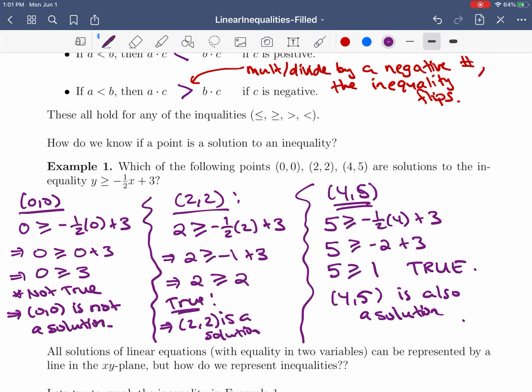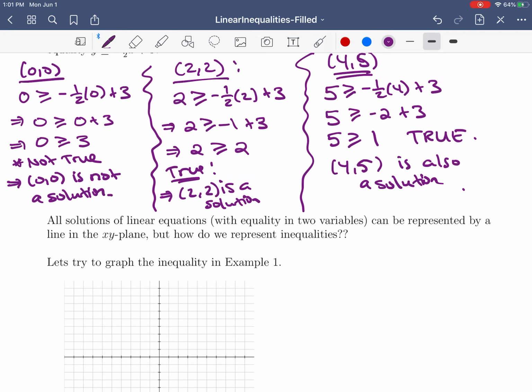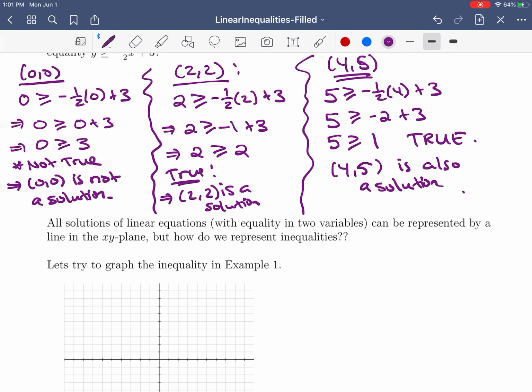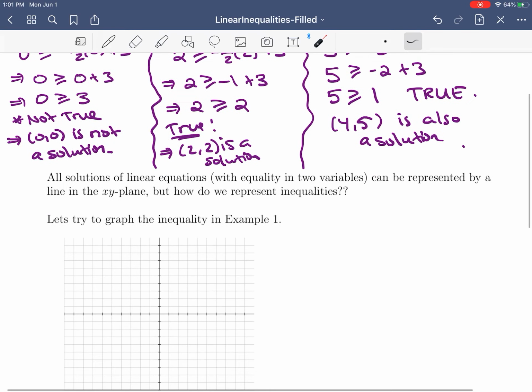Now, solutions of these linear equations can be represented by a line in the xy plane. How does this affect when we have an inequality? Because I used one that includes the equality, all the points that are on the line, like 2, 2, are going to be on the graph if we tried to graph the inequality.